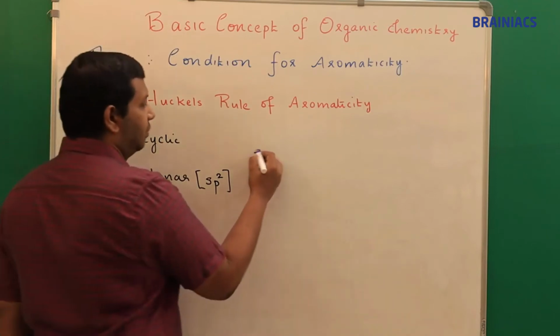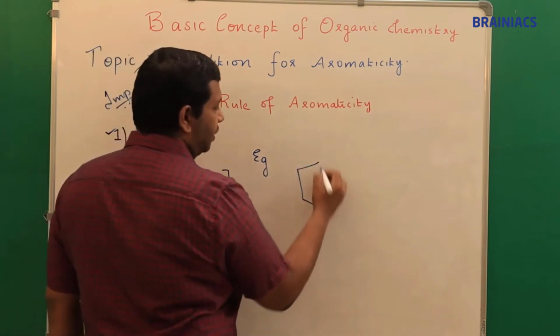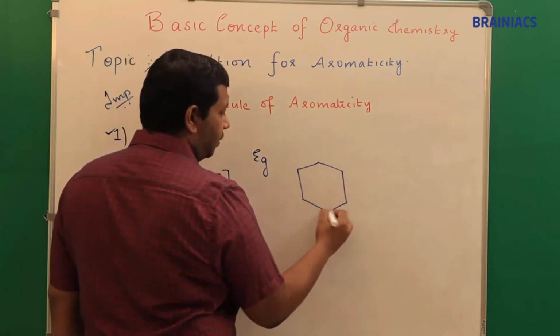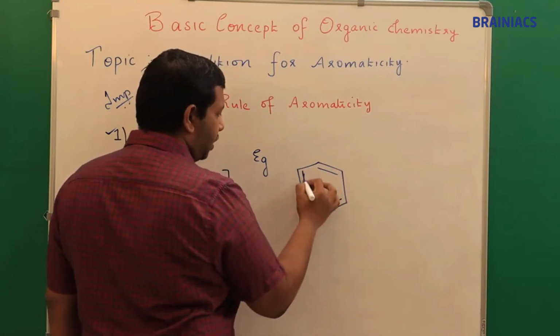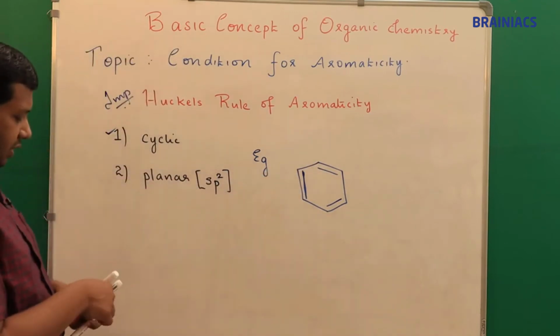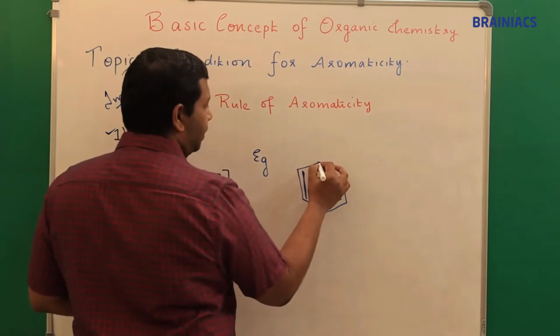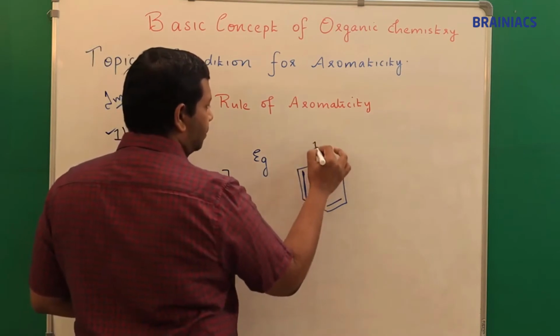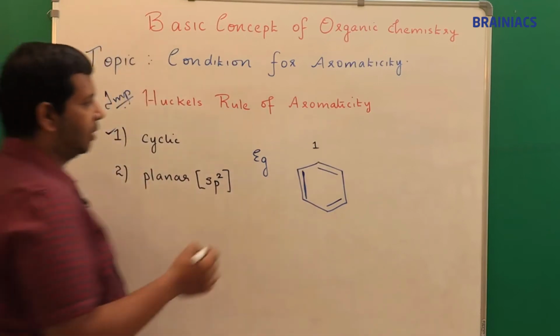Now let's start with benzene itself so that it becomes easy for you. We have been given benzene initially. Now tell me, for each carbon atom, what is the hybridization? How will you check that? Going to the first carbon atom, how will you check its hybridization?